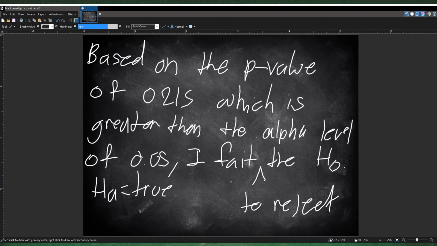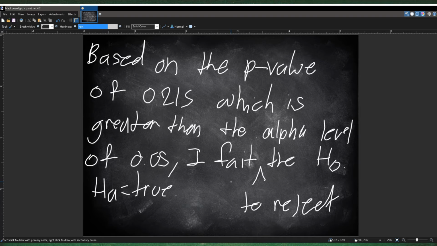So it will be like, I fail to reject the null hypothesis that gender and favorite chocolate color are independent of each other.